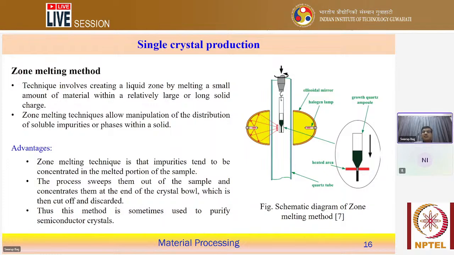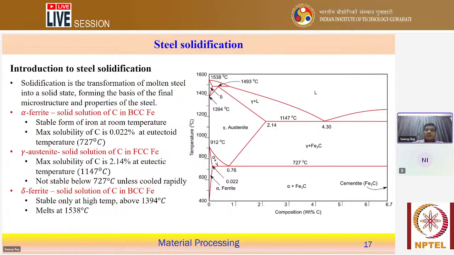That's why it is called the zone melting process. Once the molten zone has shifted gradually to one side, all the impurities are collected in that part and discarded from the complete component. This way, zone melting is one of the simple and effective methods for producing single crystal structure.